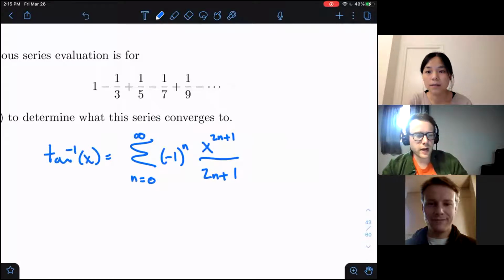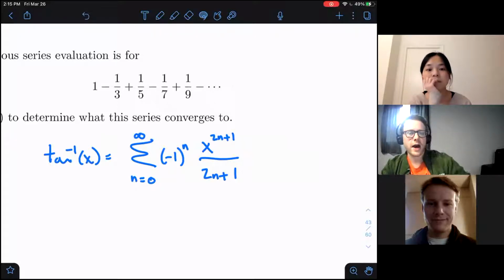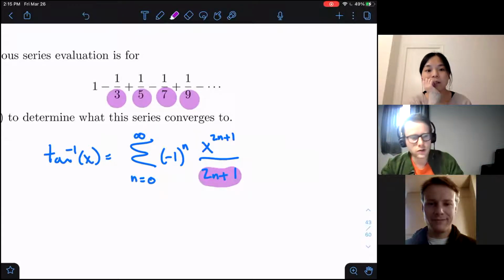And so you can see that we are getting something quite similar to this. We have the alternating, and the denominators are all of these odd numbers, 5, 7, 9 sort of deal. What do you think that we should plug in for x in order to make this perfectly line up?